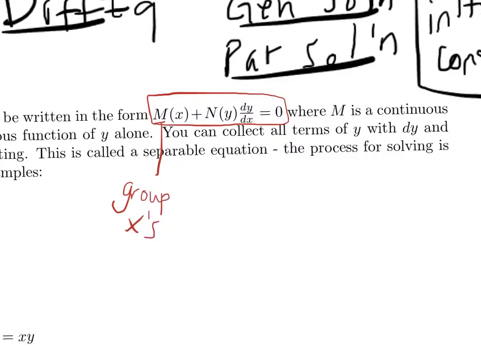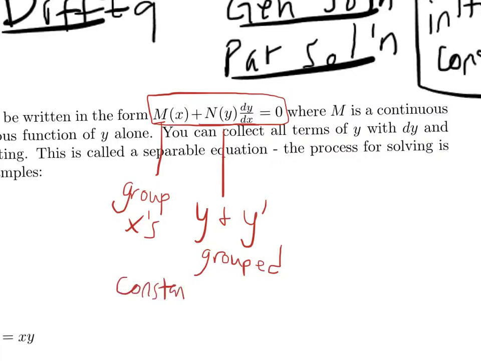We can group the y's all together with the y primes. And we might have constants in either one. But then we're going to set it equal to 0 on the other side.